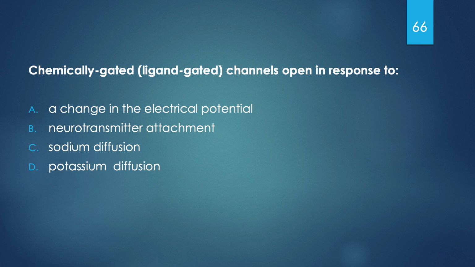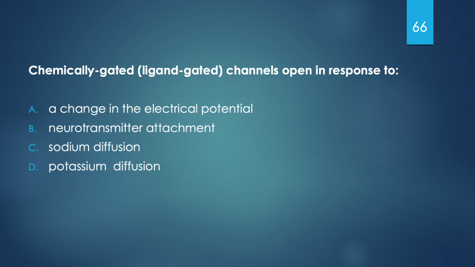So we remember that there are three different types of channels that would open. One is going to be chemically gated or ligand gated. The other is voltage gated, which we just discussed in the previous question. And the third is mechanically gated. So mechanically gated are going to open in response to physical distortion of the membrane surface, whereas the voltage gated ion channels are going to open or close in response to changes in the membrane potential, right? Because it's voltage gated.